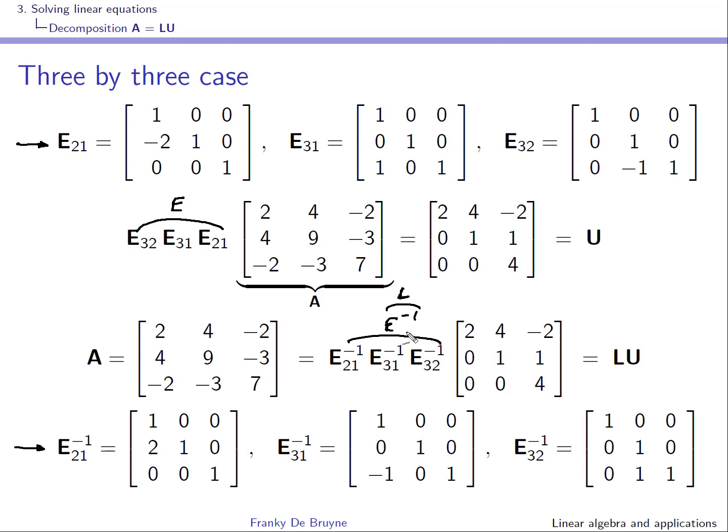So E minus 1 is the product in reverse order of the inverses of the elimination matrices. So the question is, how will this matrix look like? And this is answered in the 2 next slides.